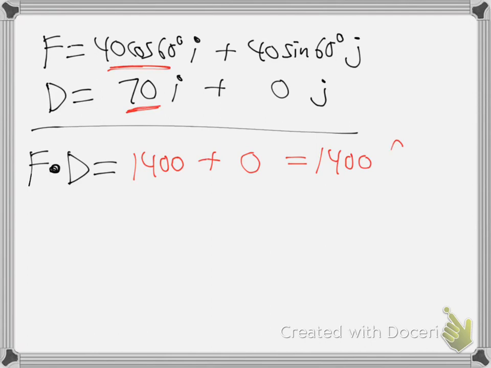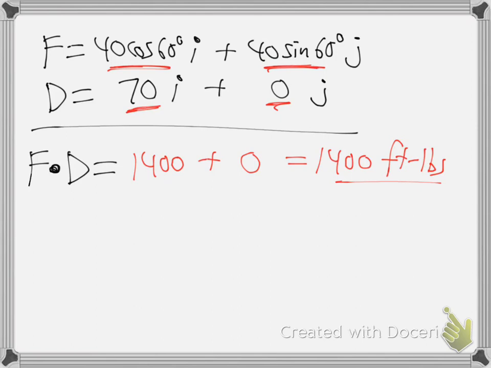So 1400. What are the units? Foot-pounds. Foot-pounds of work. We good there? The 0J is times the other J, and the 0 times this is 0.